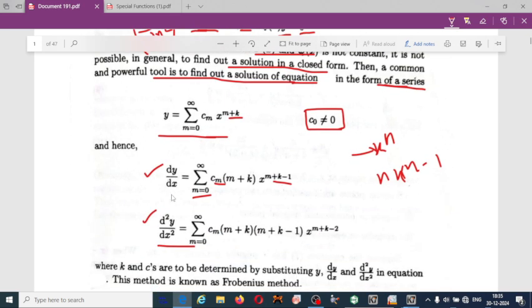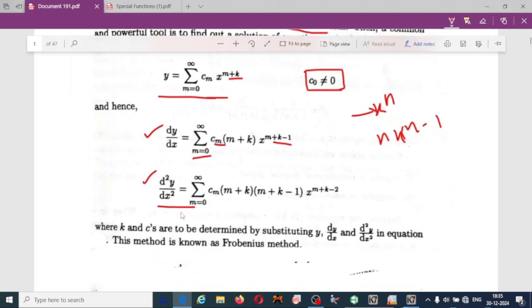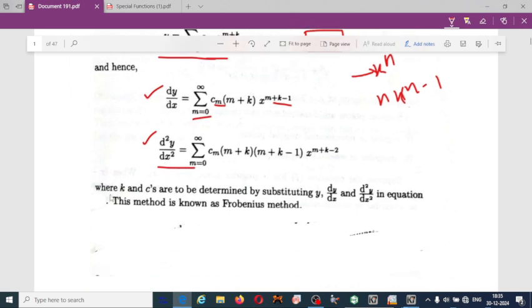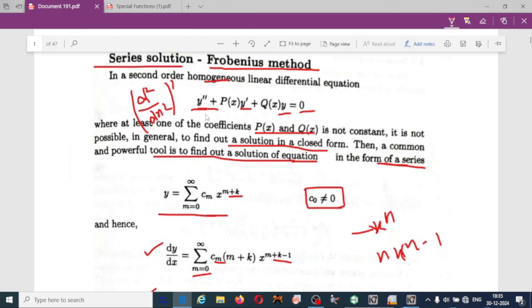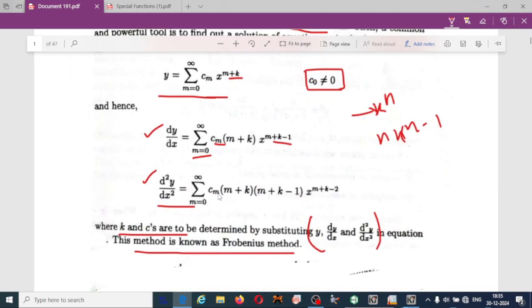Then take differentiation, and differentiate again, to get the first order and second order values. Then we can determine the constants k and c by putting the values of y, dy by dx and d square y by dx square. This method is known as the Frobenius method. With the help of power series, we get the solution of the given differential equation.